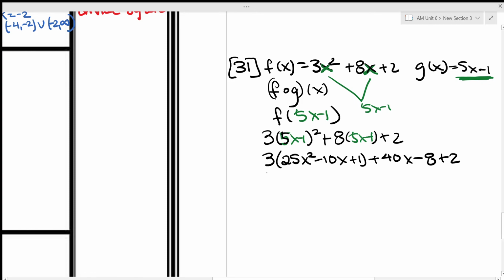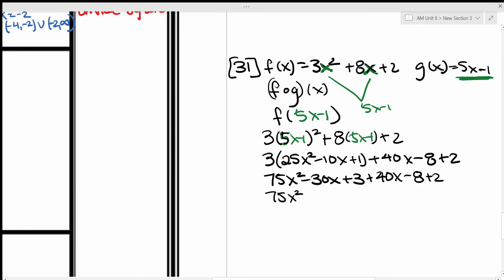I'm going to distribute my 3. That's a 75x squared minus 30x plus 3. And I'm bringing the rest down. Then I'm just going to combine like terms. I have a 75x squared.